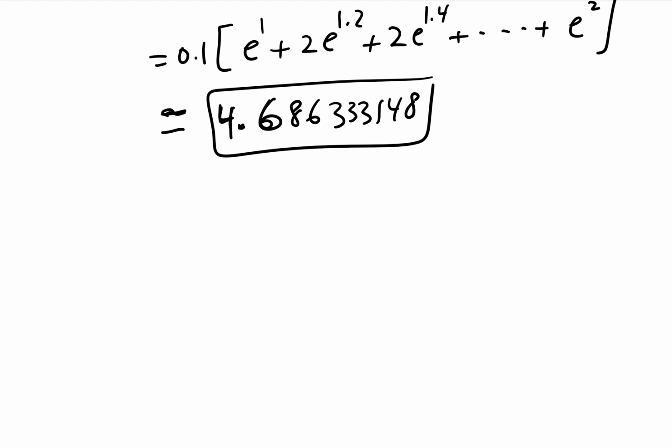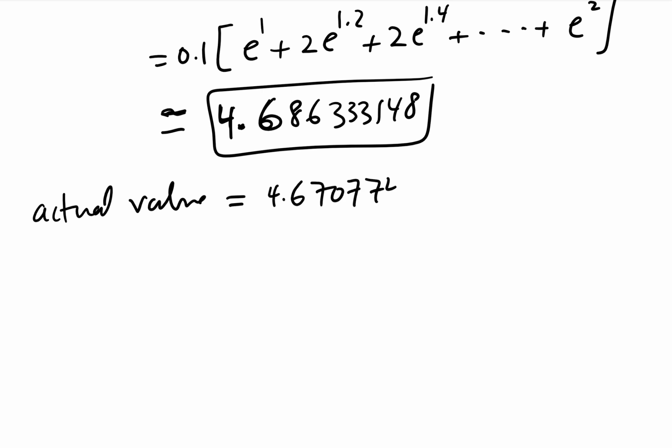Now, the first thing I did with this example, I found the actual value, or we call it the exact value. So if you look back at the exact value, the actual value was 4.67077427.